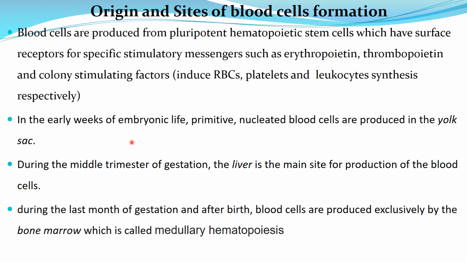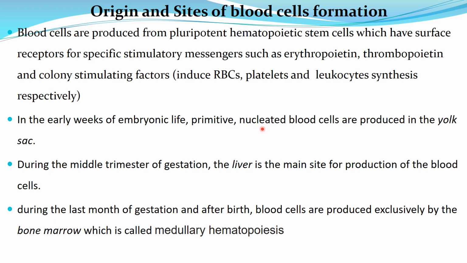So in the early weeks of embryonic life, the primitive, primary blood cells, which are nucleated blood cells, are produced in the yolk sac. The yolk sac is a specific structure related to the process of embryogenesis.